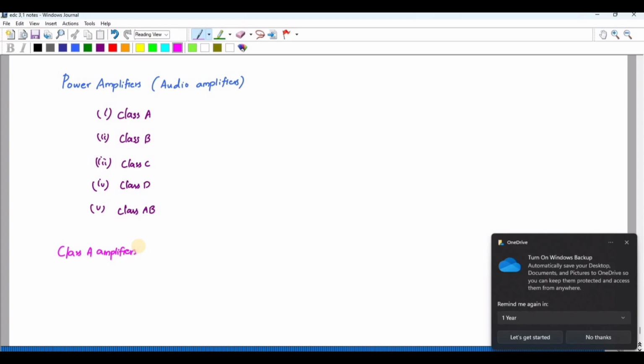In the class A amplifier, there are two types. One is direct coupled. Another one is transformer coupled.